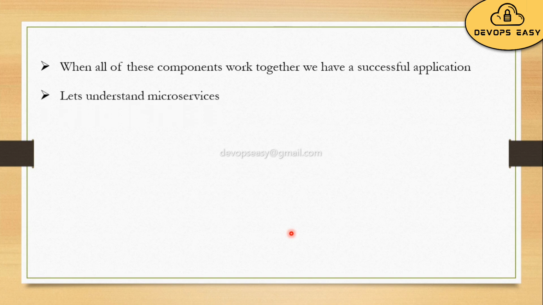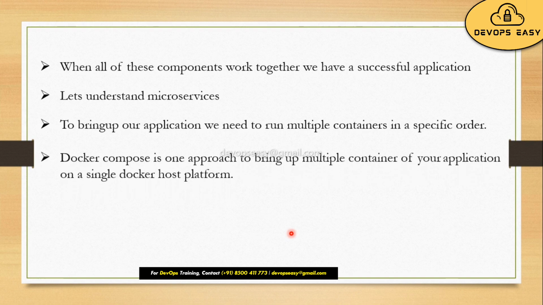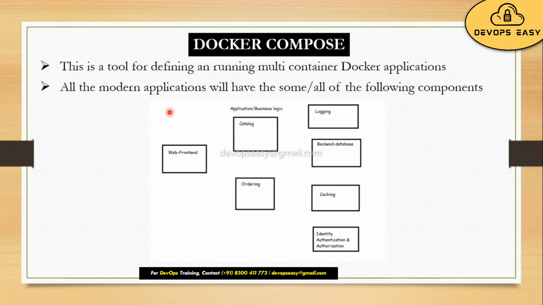In the same way, whatever application we are developing is either monolithic or microservices. So now we will understand what microservices are. Whatever catalog we have seen, whatever web front you have seen, I will run this web front as a Docker container.